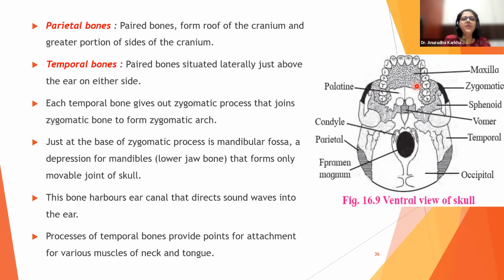So the temporal bone gives out zygomatic processes. From here such processes come out, meaning extensions of this bone, that join the zygomatic bone. Zygomatic bones are our cheekbones. Okay. So these zygomatic processes attach the cheekbones and the temporal bones to give a characteristic shape to our face.